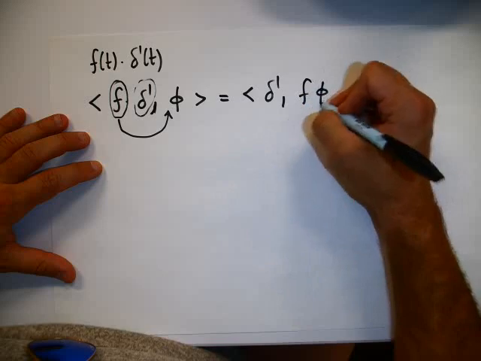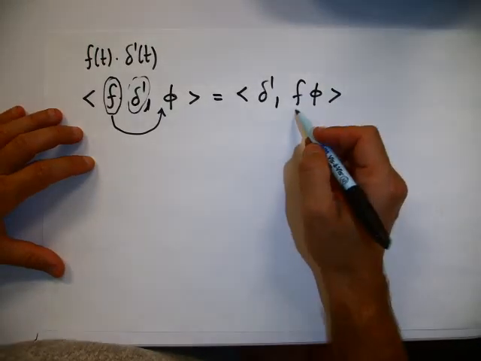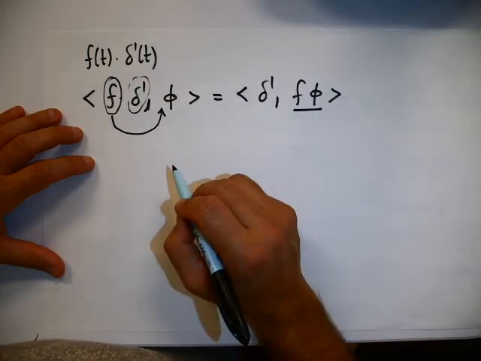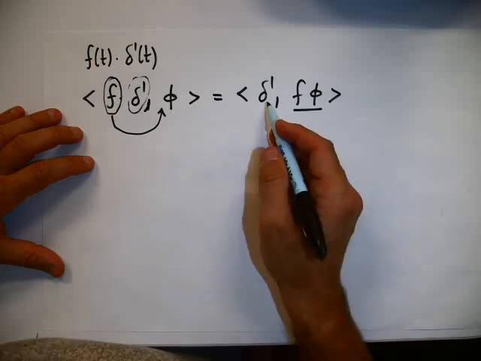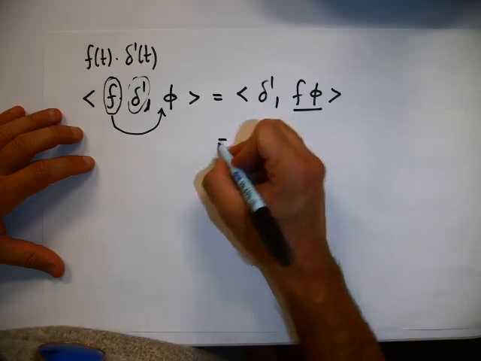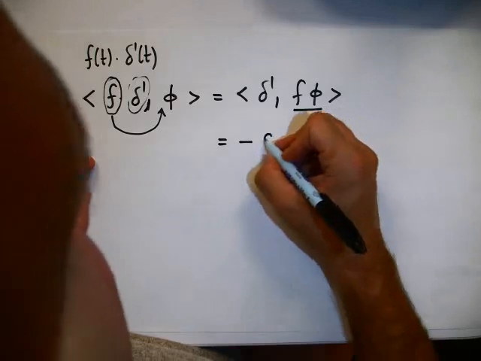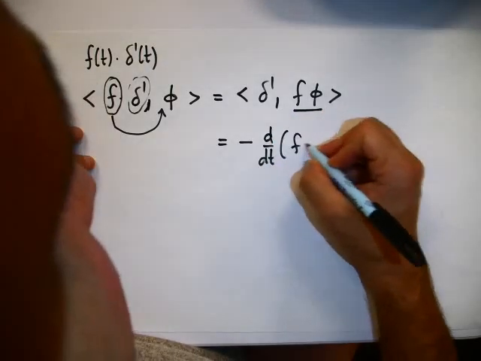I can do that because phi is a test function. But now I know the definition of delta prime. This is equal to minus the derivative of f phi applied at t equals 0.